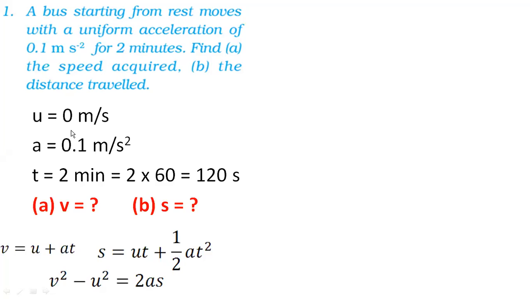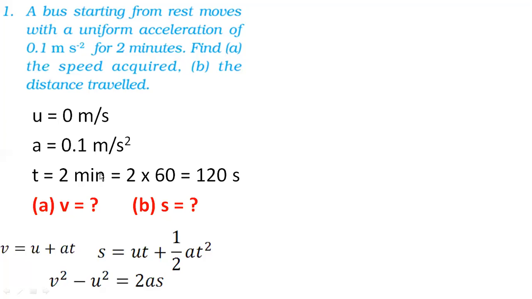So the values which are given are u is equal to 0, initial velocity. Why is initial velocity 0? Because the body was at rest initially. Then the acceleration is 0.1 meter per second square, and the time is 2 minutes, which we have converted to seconds. They're asking the speed acquired in 2 minutes and the distance covered in 2 minutes.